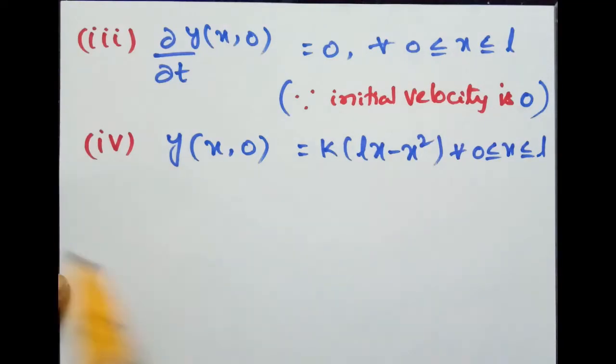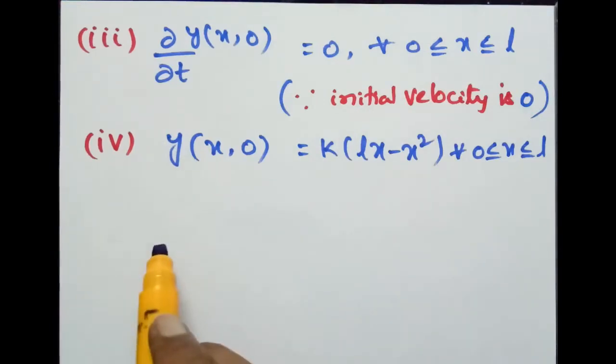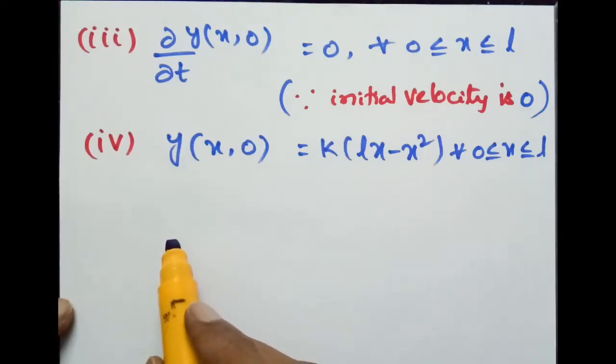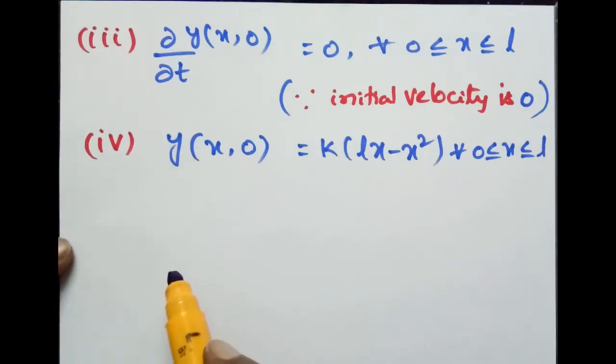So by satisfying the initial and boundary conditions, y of (x comma t) is equal to (C1 cos px plus C2 sin px) into (C3 cos cpt plus C4 sin cpt). Now we have to write the correct solution which satisfies our boundary conditions to find the arbitrary constants C1, C2, C3 and C4 respectively.